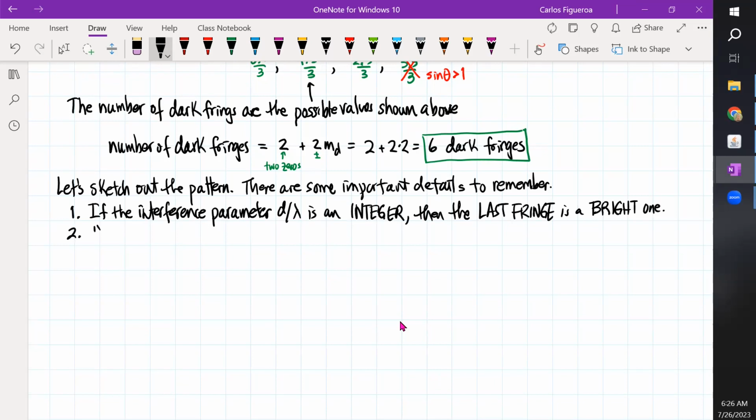Second, if the interference parameter is a half integer, then the last fringe is a dark one.